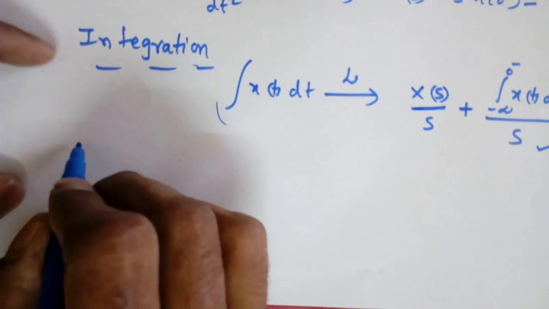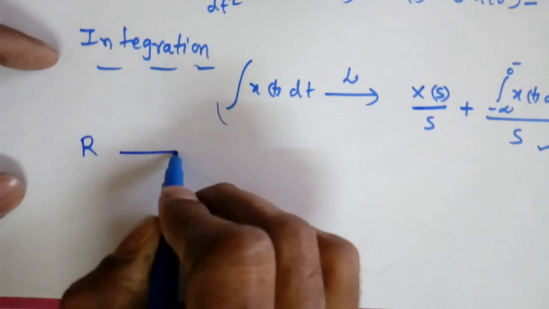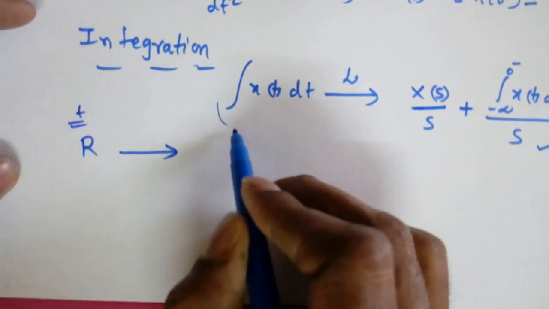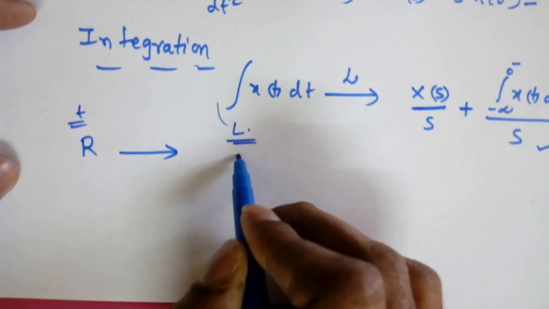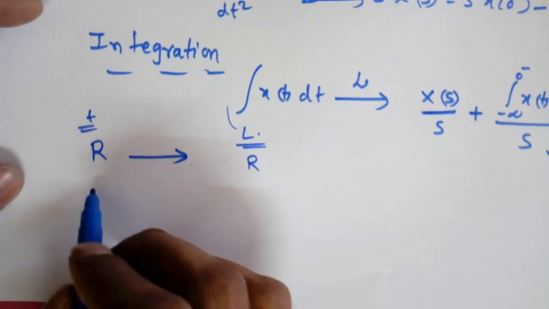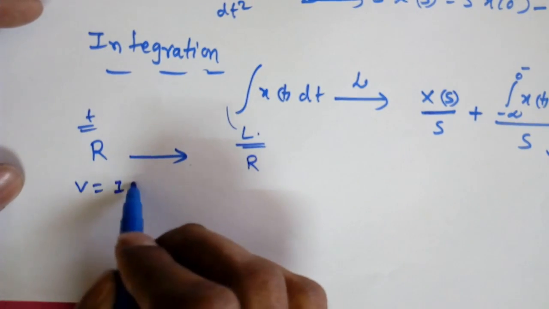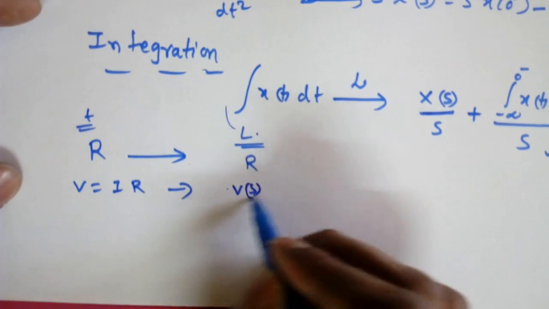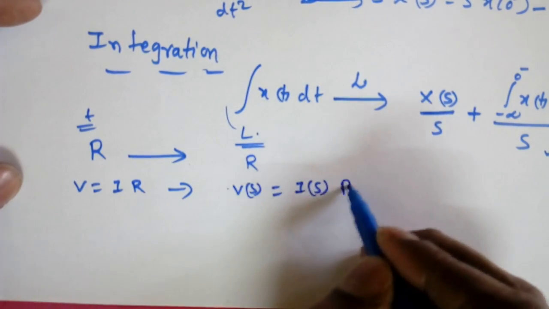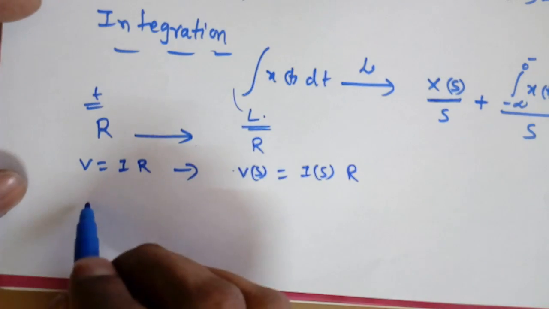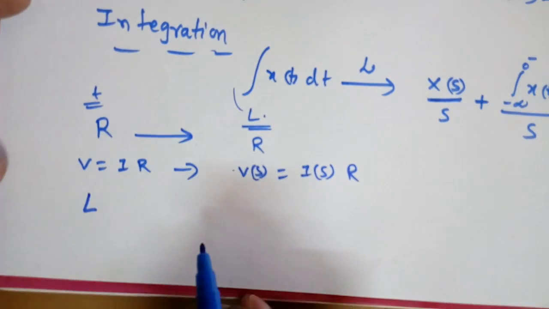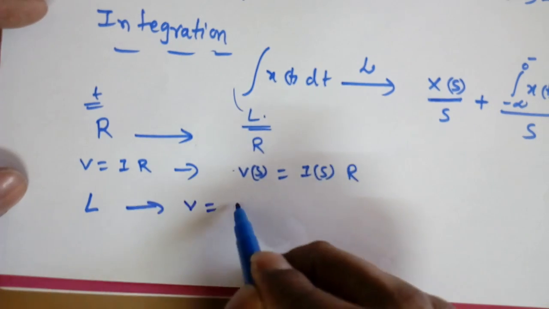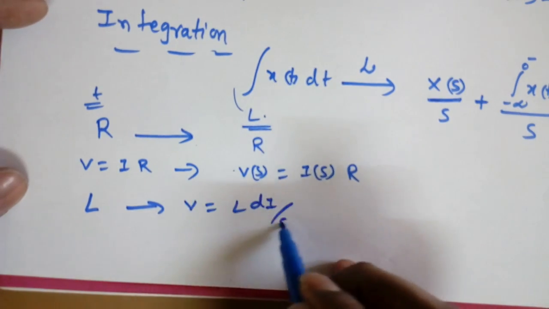Suppose there is a resistance R. In the time domain, and in the Laplace domain also, it is R only, because V is equal to I into R, so in the Laplace domain V of s is equal to I of s into R. But if I take an inductor and a capacitor, it will change, because V is equal to L into di by dt.